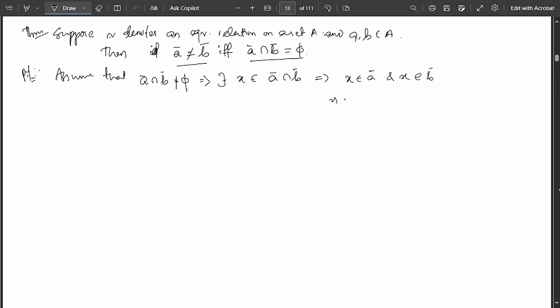Which implies that the equivalence class of x is the same as the equivalence class of a and the equivalence class of x is the same as the equivalence class of b. Since both are equal to the class of x, the equivalence class of a equals the equivalence class of b. So this proves our theorem.